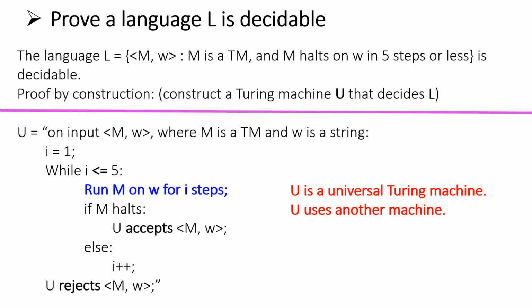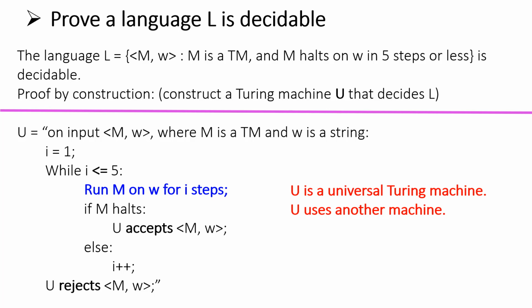A member string in L requires M to halt on W in 5 steps or less. So we need to run M on W. And we need to keep track of how many steps M has run. So I use a counter I and a loop to run M on W for I steps. In each iteration, I only run M on W for I steps, even if after I steps, M does not halt.